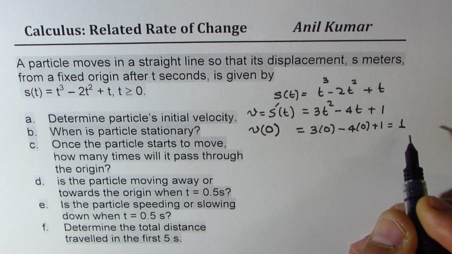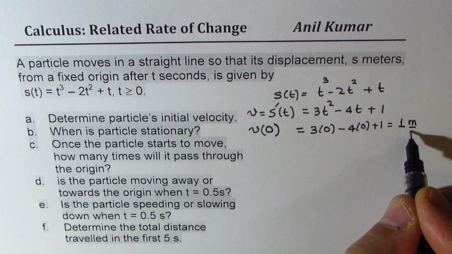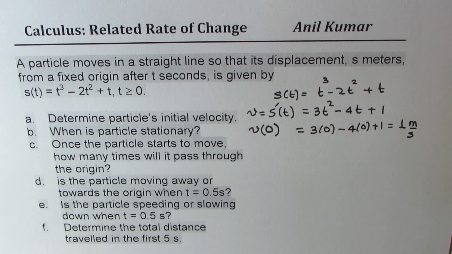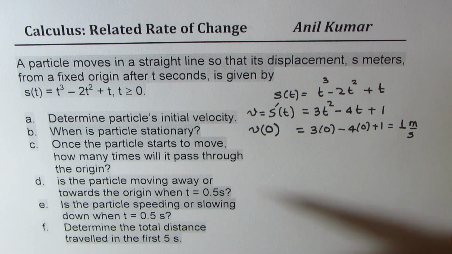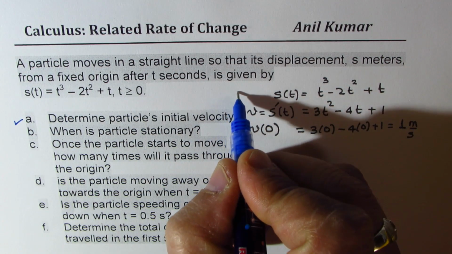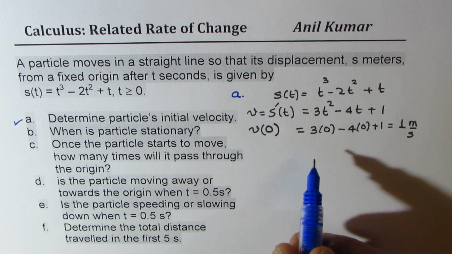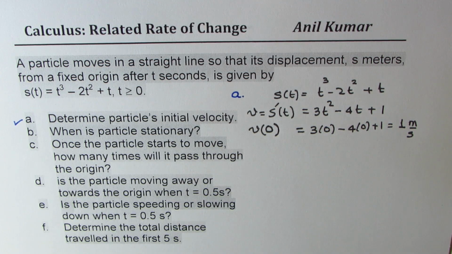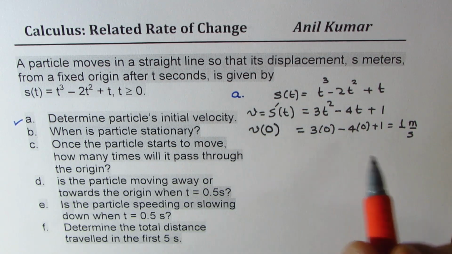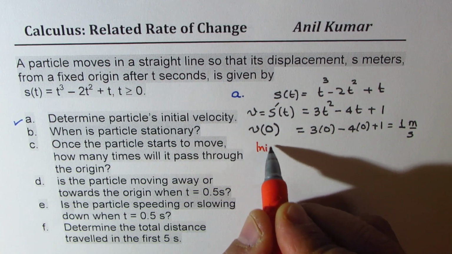Right? Units being meters per second. So that is part A. Clear? So we've done part A, and the answer is 1 meter per second. Let me highlight. So we can write initial velocity.